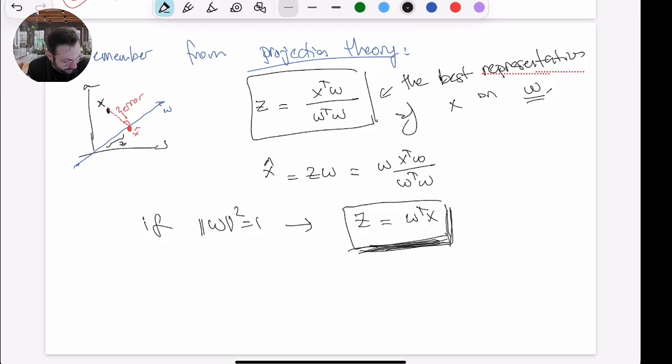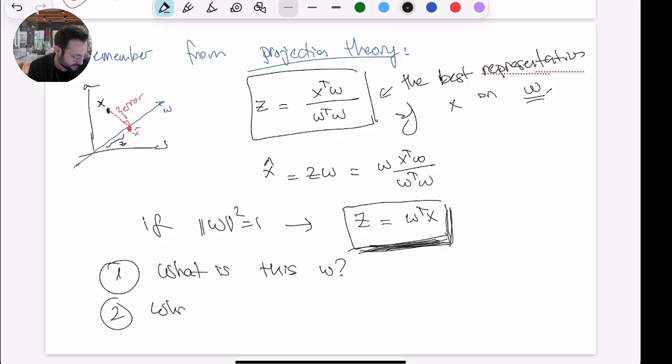Now, this was our remembering sheet, but now I would like to take it to the other side. I would like to find 2 things: one, what is this w, and 2, what is the best representation, I mean z, on this w?